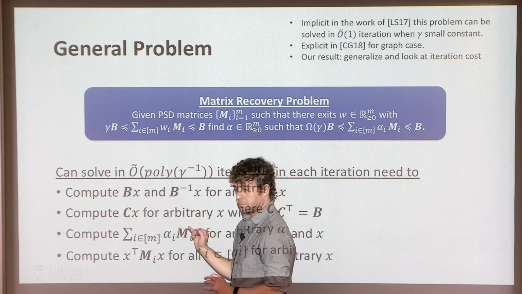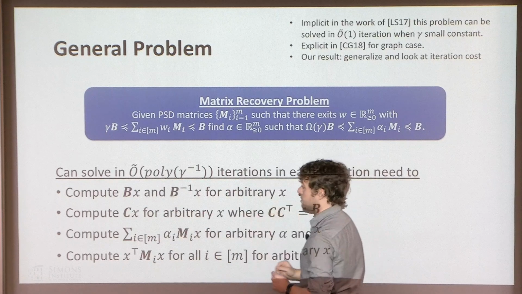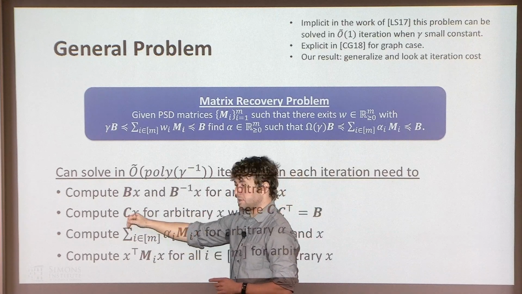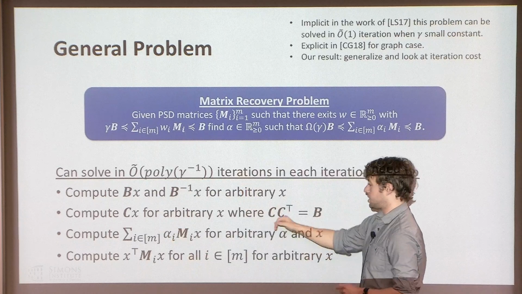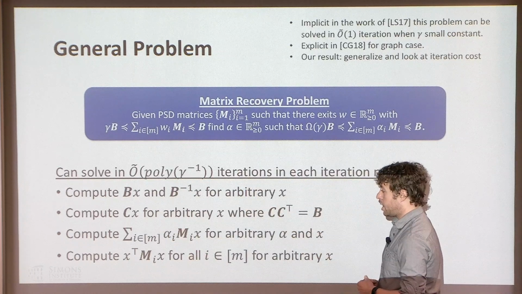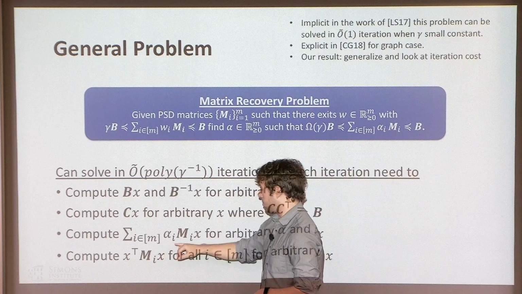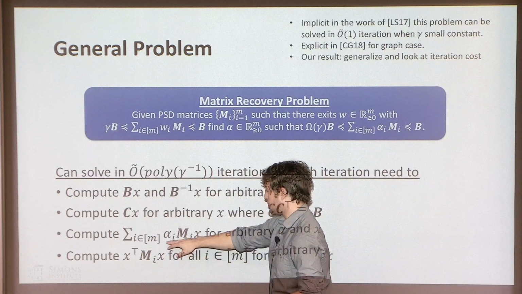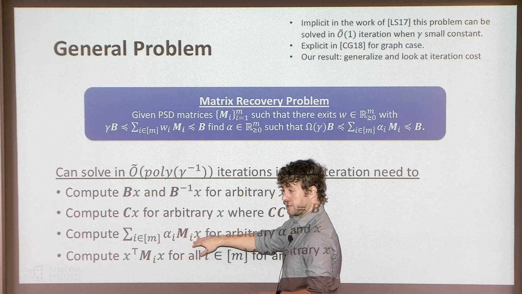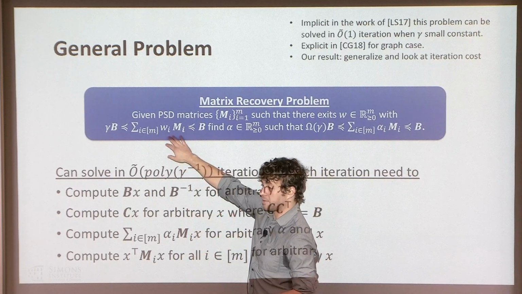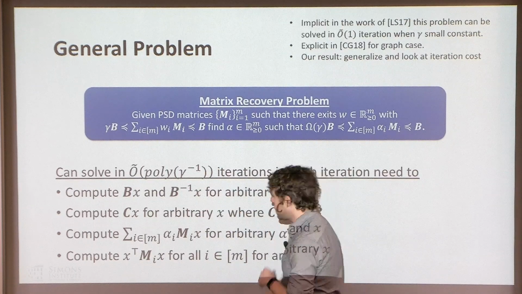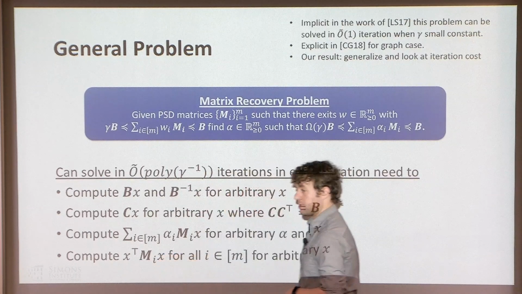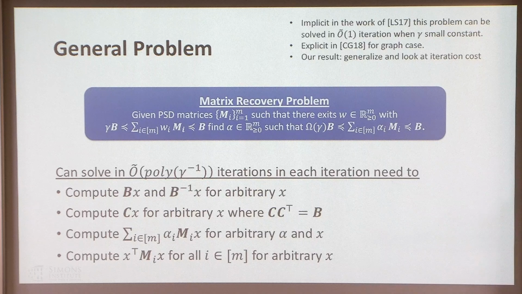You also need to have some factorization of B. So you need to be able to compute Cx for some matrix C such that CC transpose equals B. And also, for any given weightings of the mi, you need to be able to compute the result of the sum of alpha i mi applied to a vector, meaning this matrix you have to be able to apply to a vector. And you need to be able to compute the quadratic form of every mi for some x. All right? So if you can do that in every iteration, you can solve the problem in a polylogarithmic number of steps. Okay. So where does this come from?